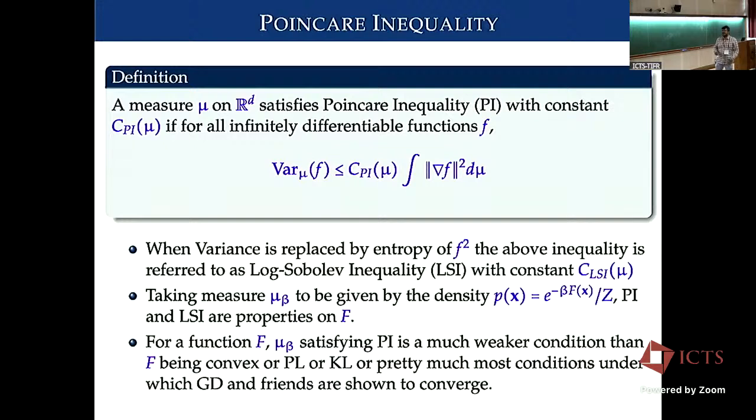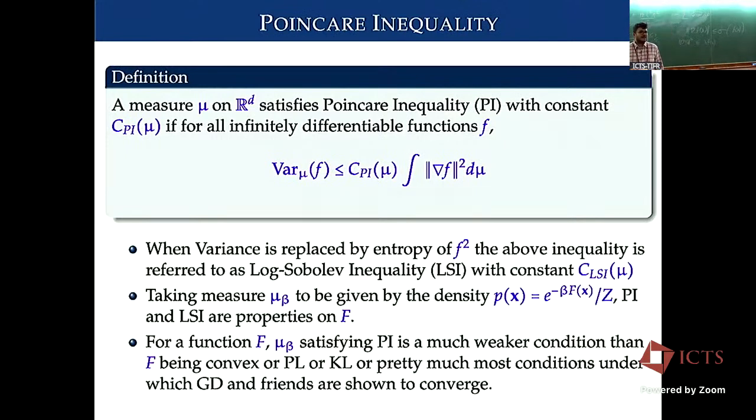So these are the gradient dominance conditions. As I told you, these are conditions under which you can show that gradient descent works. PL is something of the form, let's see, gradient F squared is lower bounded by, let's say, lambda times F. Something like this.